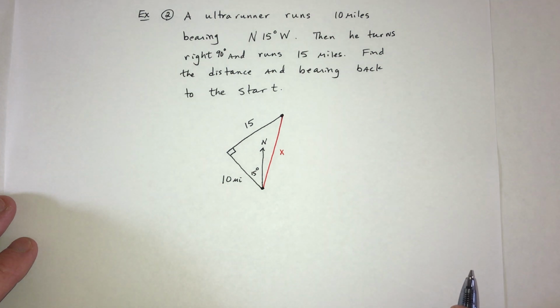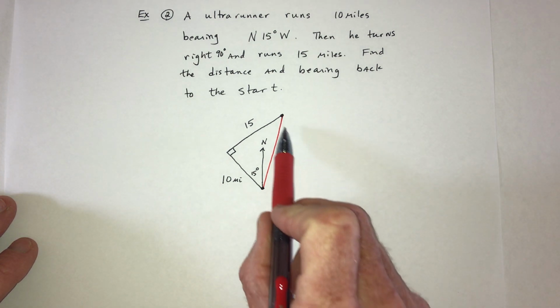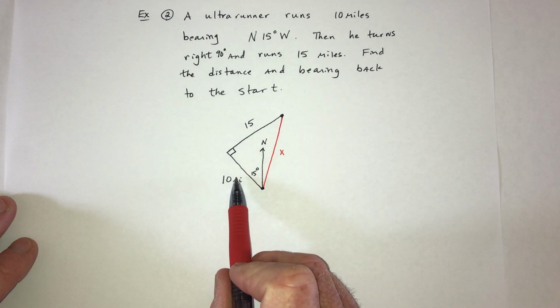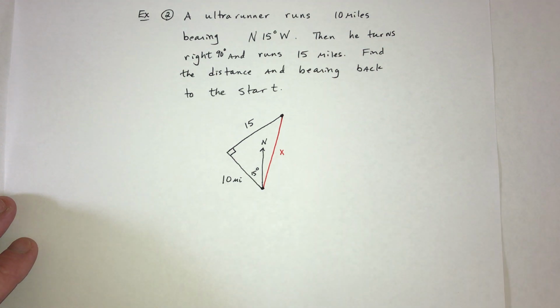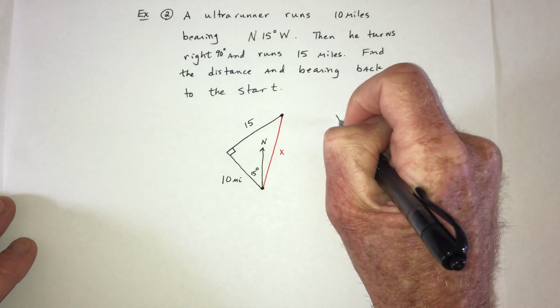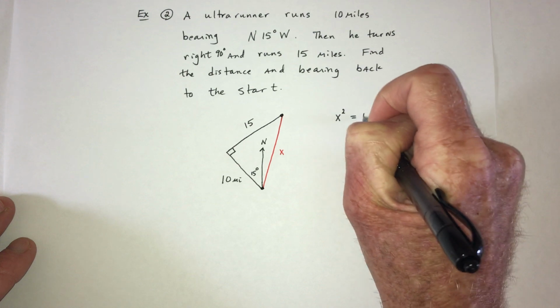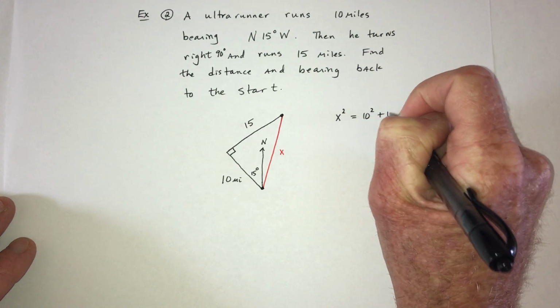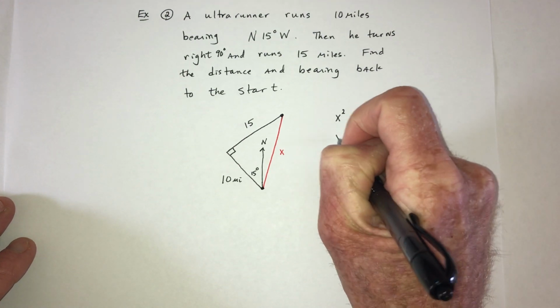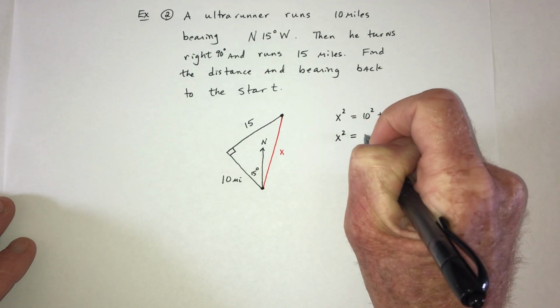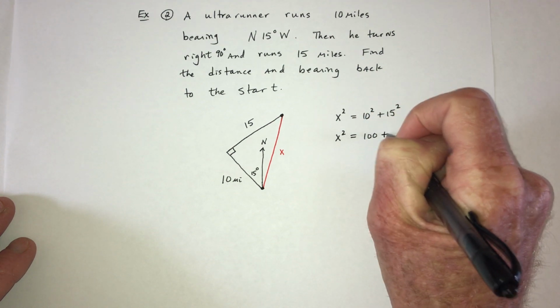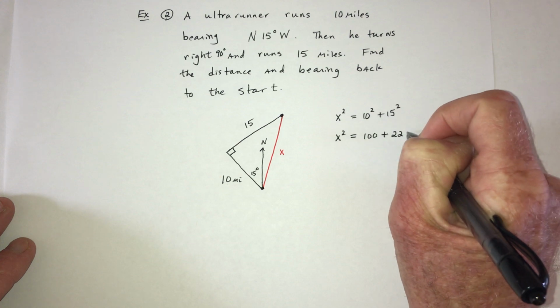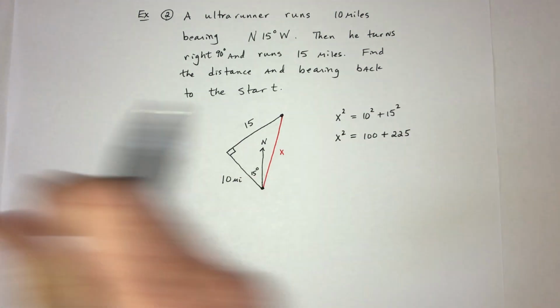That's the easy part. Because if you look at the whole outside triangle, that's a right triangle. So we could just use the Pythagorean theorem. So x squared equals 10 squared plus 15 squared. This is going to be 100 plus 225.